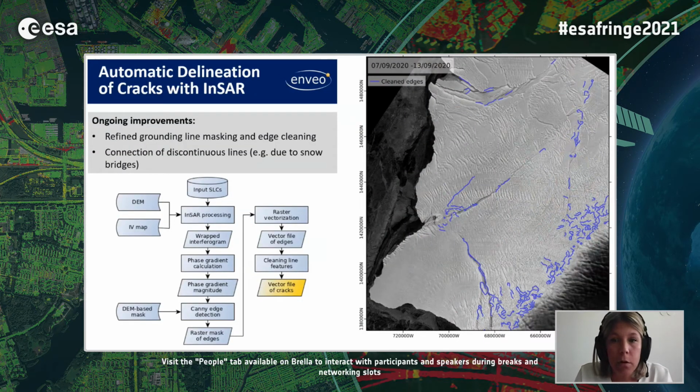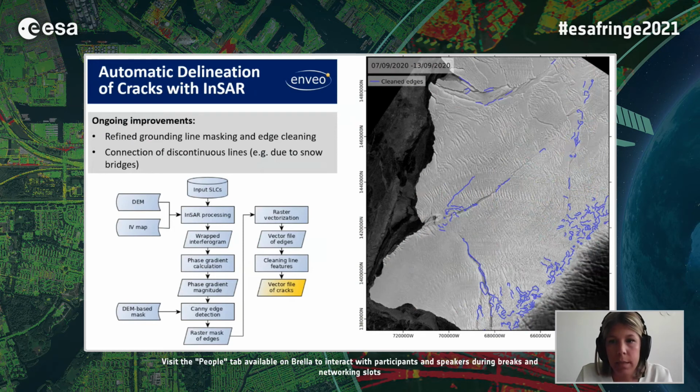What's the overall processing line? It's the following one. We generate the differential interferograms and calculate the phase gradient magnitude. We apply a Canny edge detection, a very classical edge detection procedure, on the phase gradient magnitude.